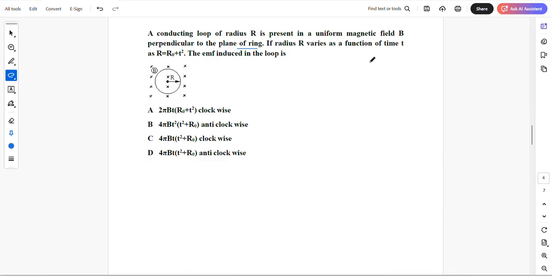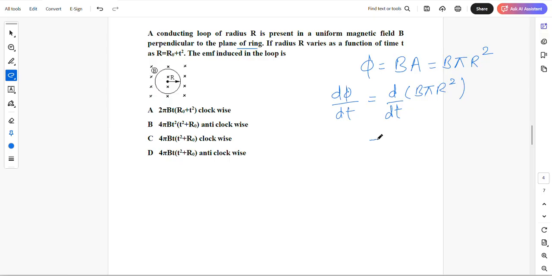Here we know that flux is equal to B into A. What is d phi by dt? B is constant, and the area of a circle is pi r square. So d phi by dt will be equal to d by dt of B pi r square.